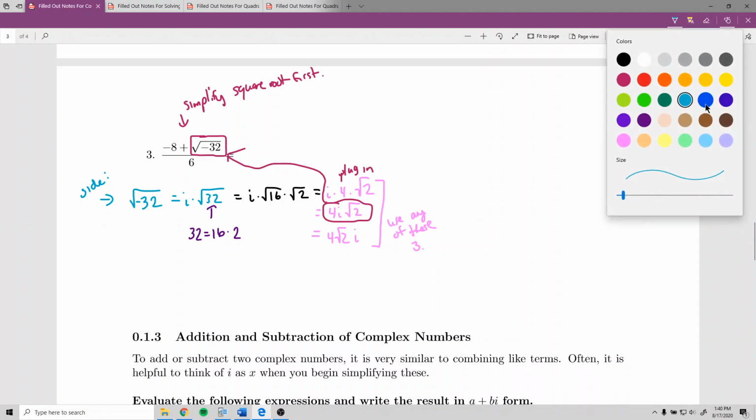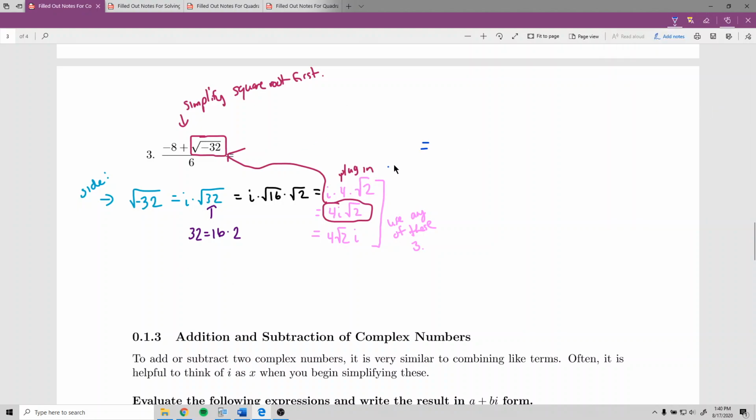And then I'm just going to give myself the space and plug it in over here. So we got -8 plus 4 times i times the square root of 2 in place of our negative square root of -32, all over 6.